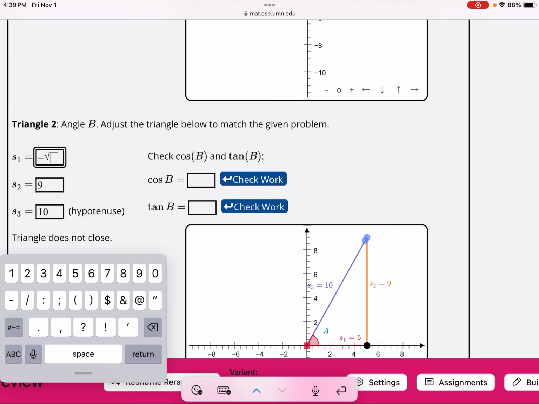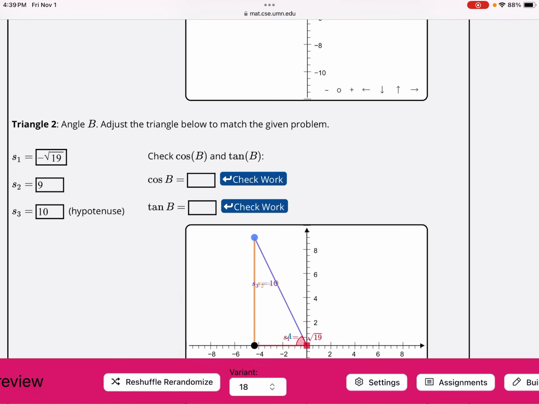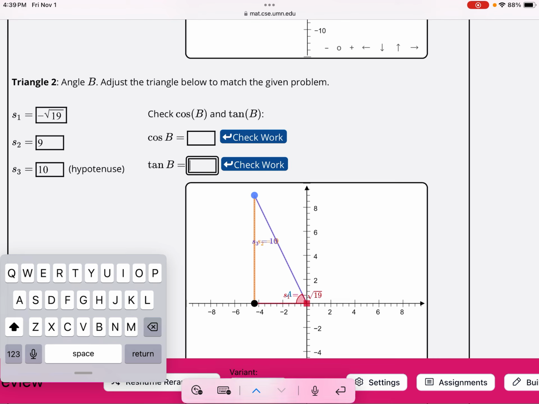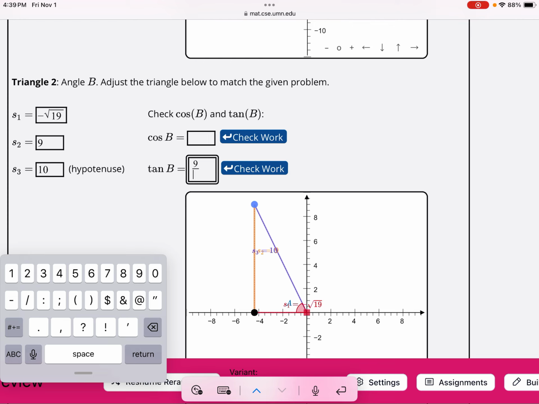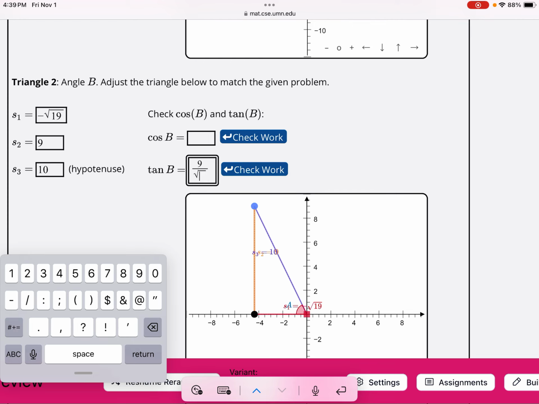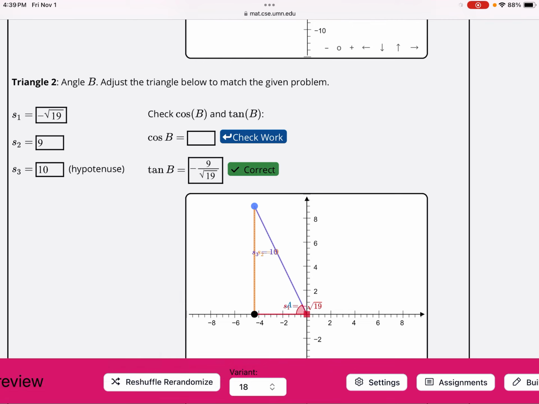So that ends up being the square root of 19. Our tangent here is negative because the opposite leg is positive, and it's over the square root of 19, but the x-coordinate is negative, so the entire thing is negative.